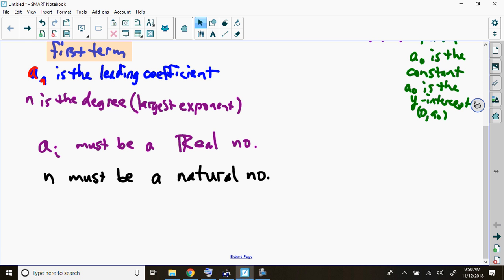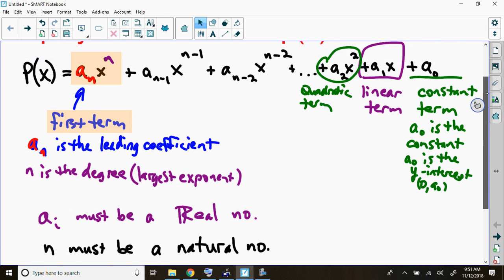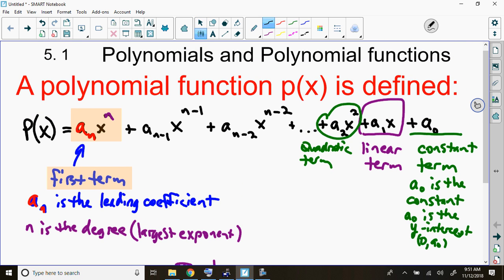Let's think about where the natural numbers start their life. What's the very first natural number? The first natural number is 1, isn't it? So let's go back up to this for a minute. It says n has to be a natural number. Okay? So n is our power.